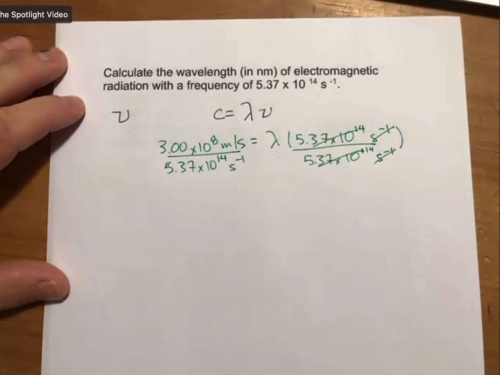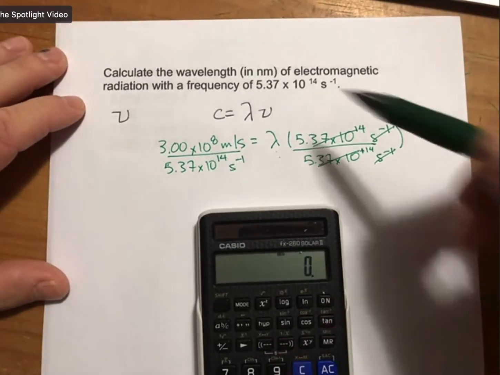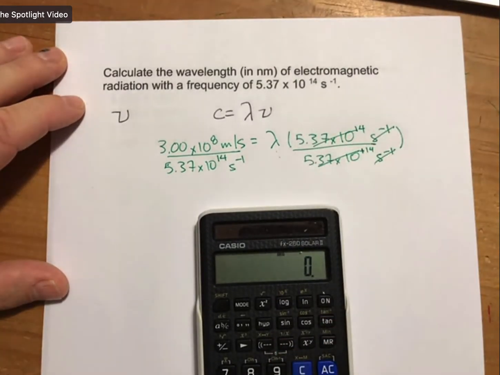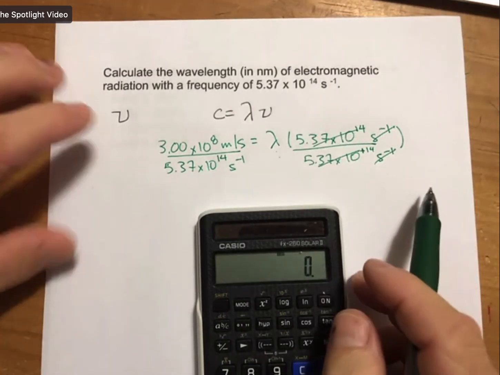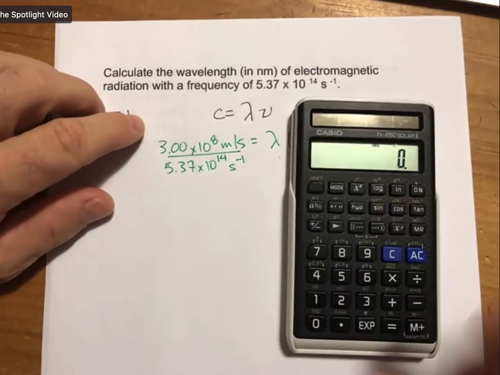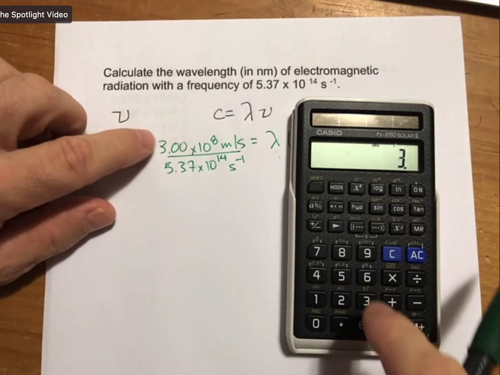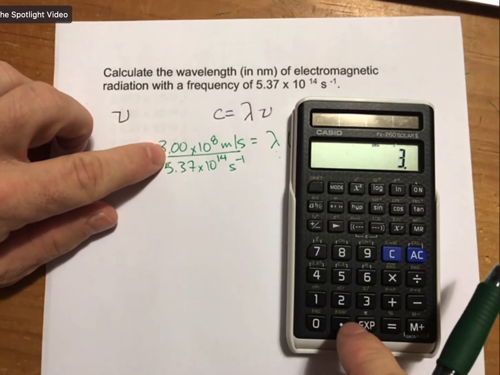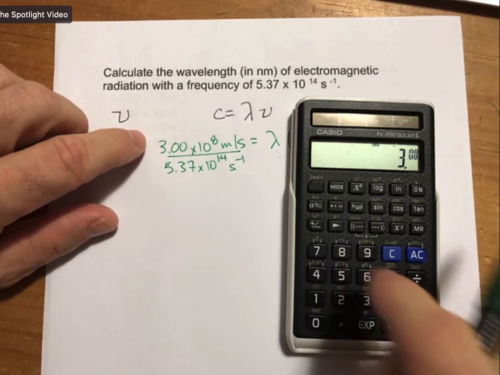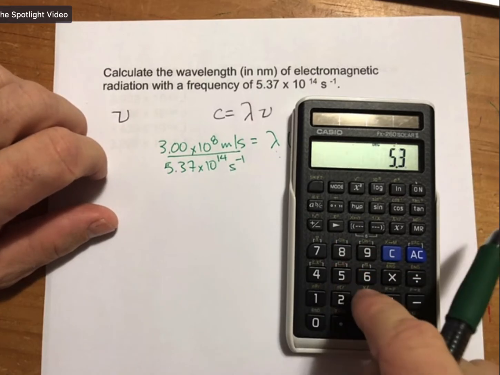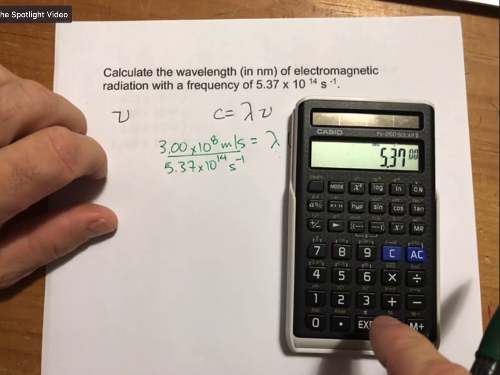Let me do the math, and then we'll talk about units, because this problem does ask for the answer in a specific set of units. So 3, I don't have to enter the 0.00, exponent 8 divided by 5.37 exponent 14.